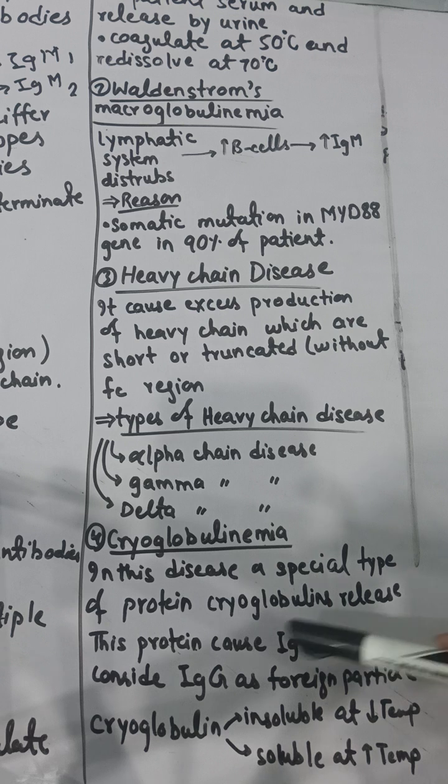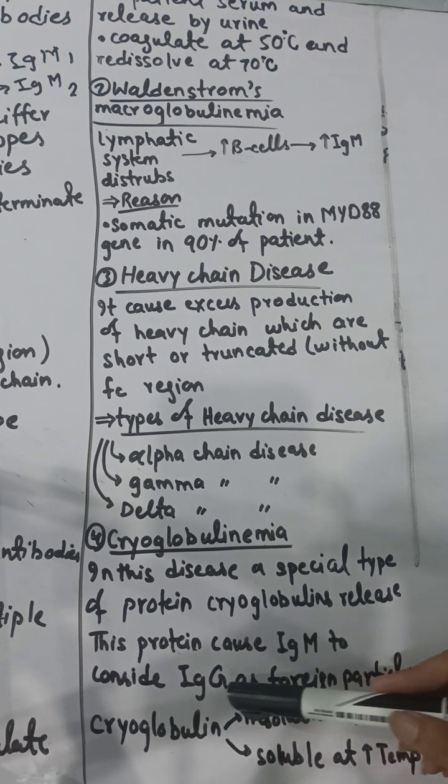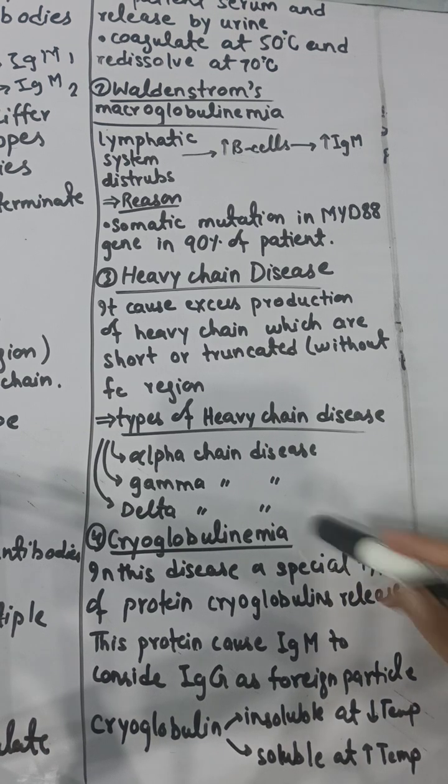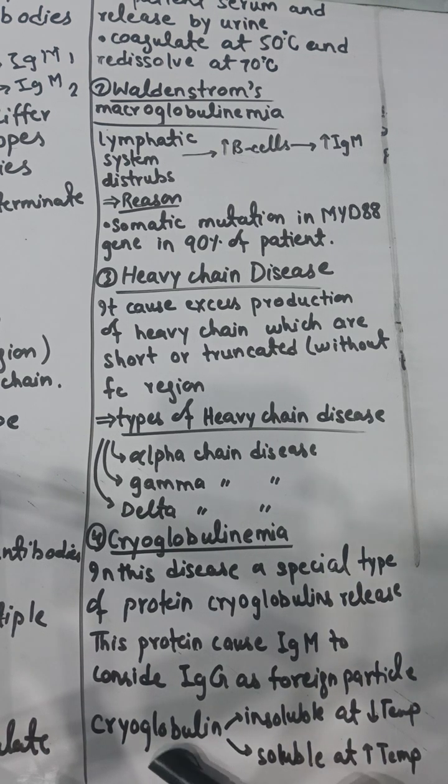As a result, IgM destroys all the IgG antibodies inside your body, and IgG antibody completely vanishes from your body. As a result, your body will face this disease. The nature of this protein is that it is insoluble at low temperature but soluble at high temperature.